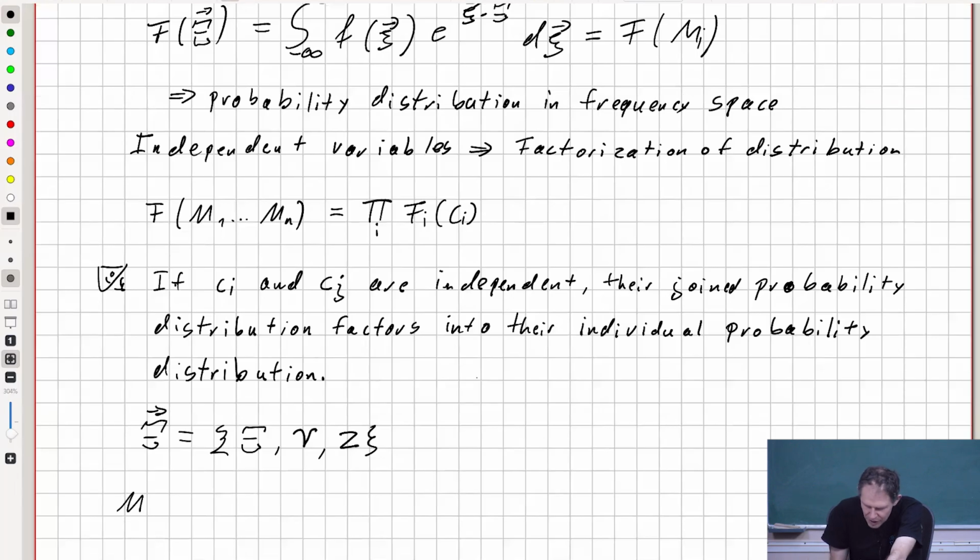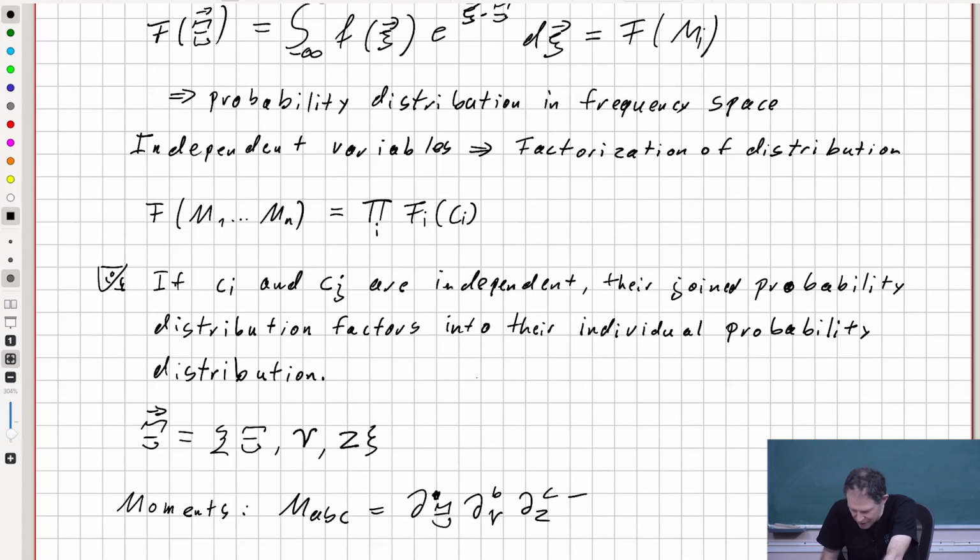And I remind you that the moments were defined like this, M_ABC, as these derivatives: the A-th derivative in xi, the B-th derivative in upsilon, and the C-th derivative in zeta of the moment generating function, all of this evaluated at frequency equal to 0.